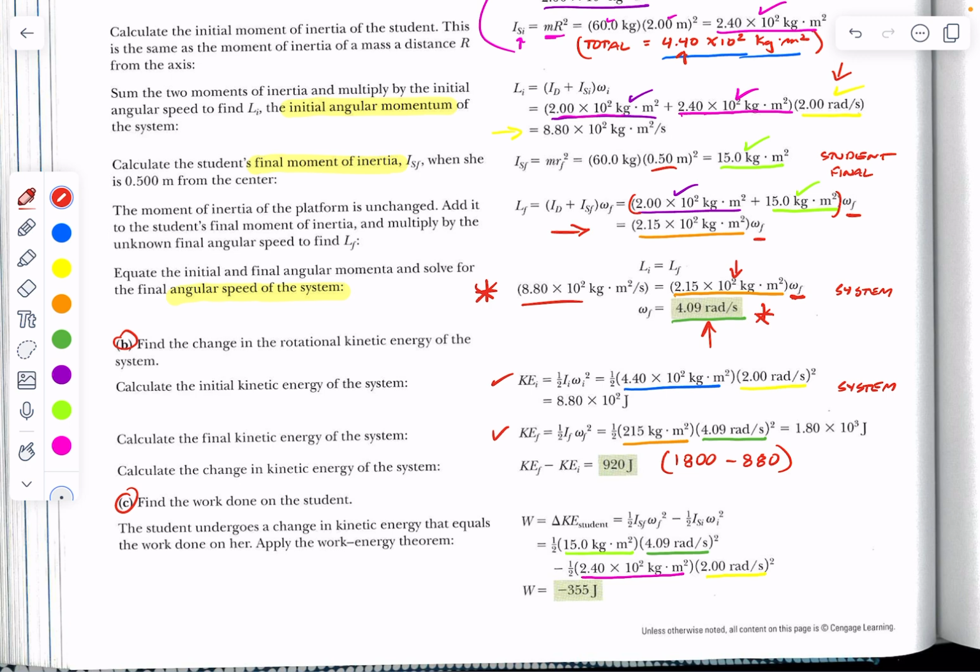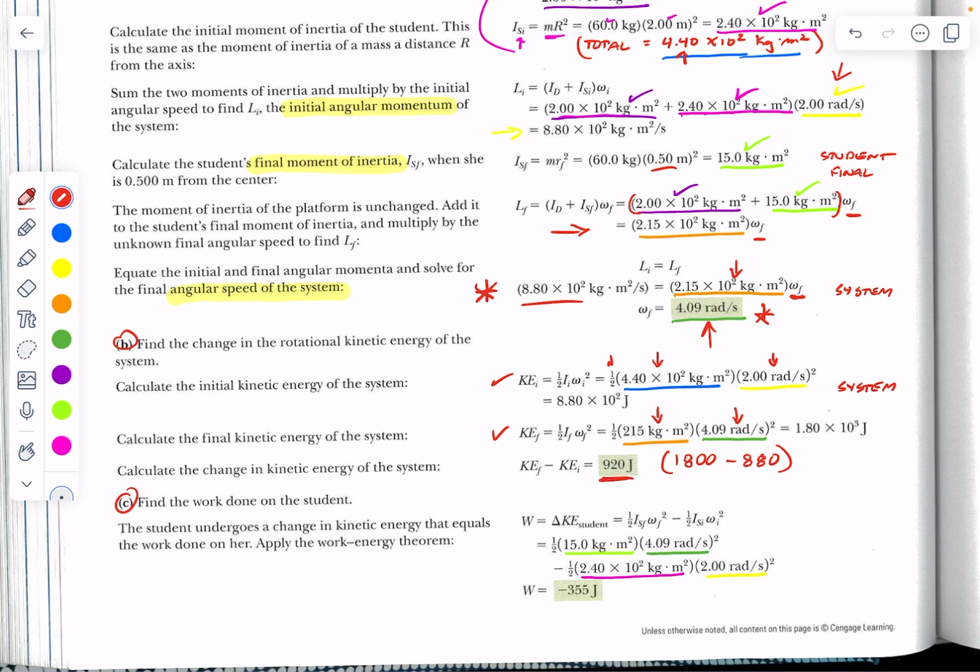In both cases, we are taking our 1/2 times our rotational inertia, which has changed when the student changed position, and the speed, which has changed because the student changed position. And you can see that that difference in energy is 920 joules.